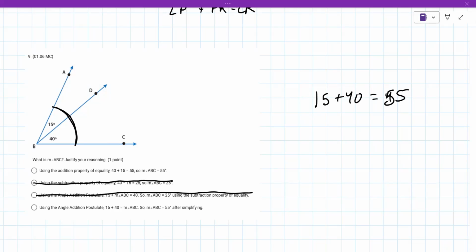Because you can add two angles. So I believe it would be this last one here. And it's not really a bisector either, because it's not the same angle measurement on both of the angles. They're different ones. So I think it'd be the last one.